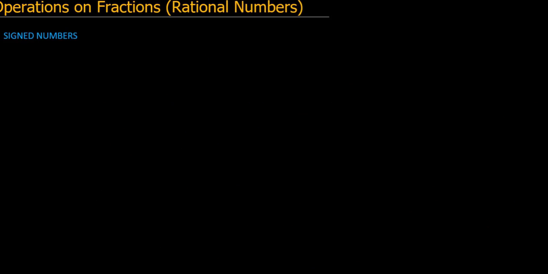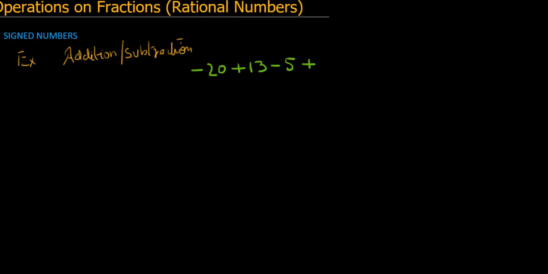That is it. This is the algebraic addition and subtraction of signed numbers. So let us take some examples. Let's say we have minus 20 plus 13 minus 5 plus 4 minus 1. These are a few signed numbers. So how to add them?